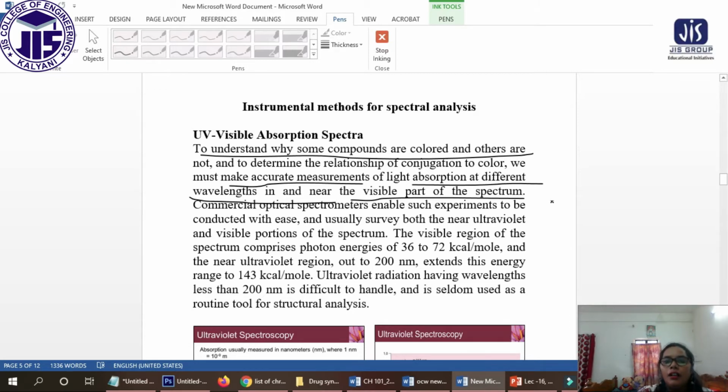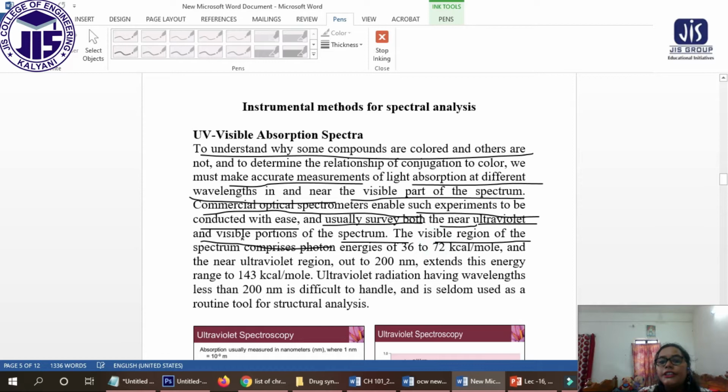Okay, the commercial optical spectrometers enable such experiments to be conducted with ease, and usually survey both the near UV and the visible portion of the spectrum.